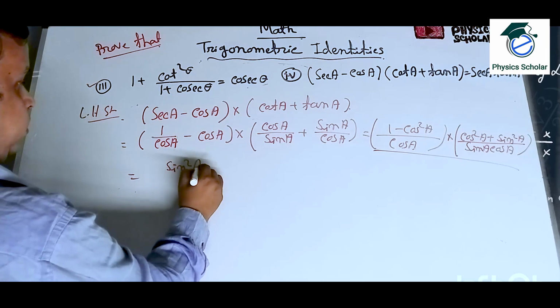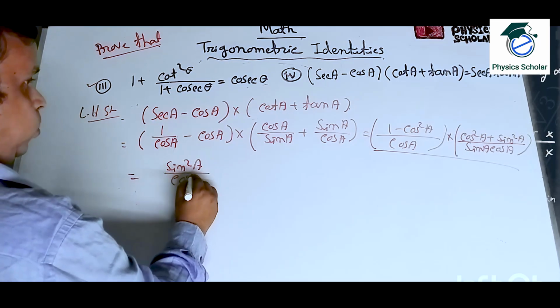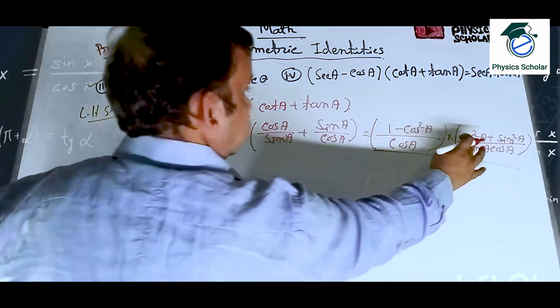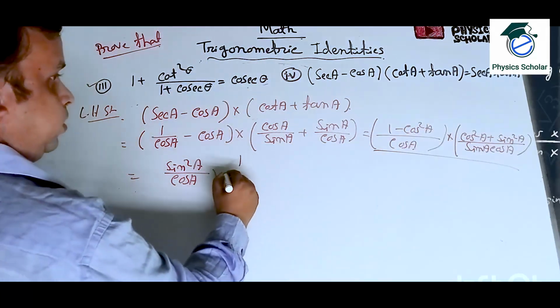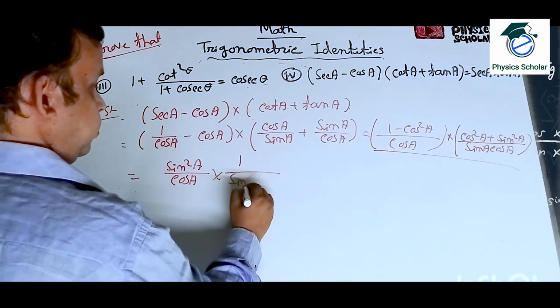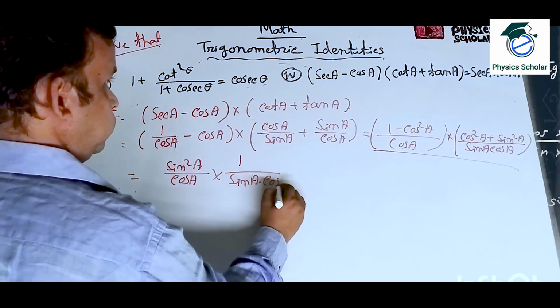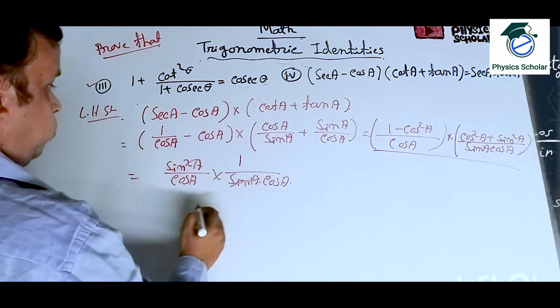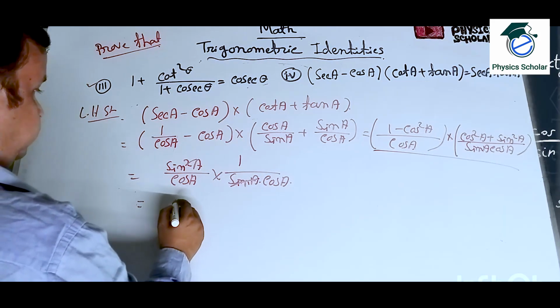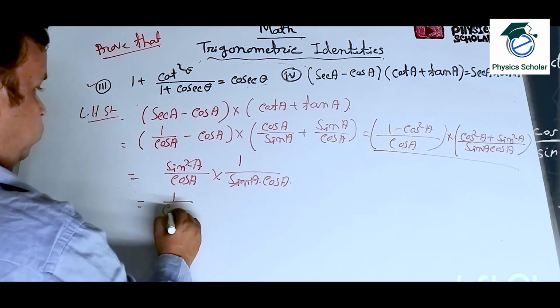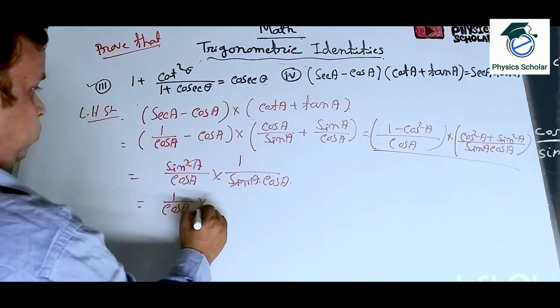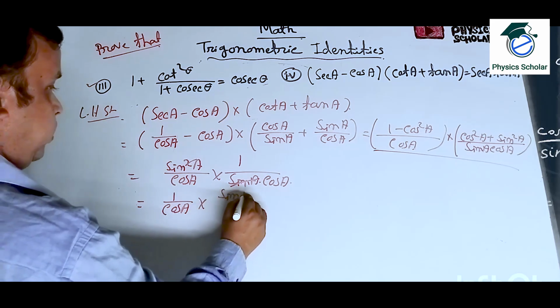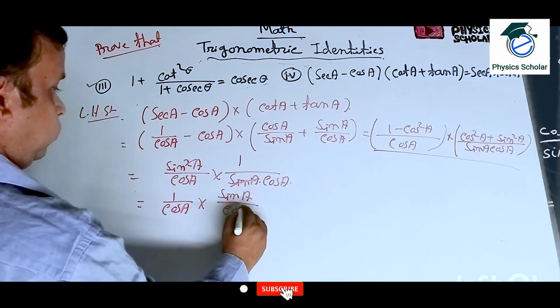Sin square A by cos A into cos square A plus sin square A means what? 1 divided by sin A into cos A, okay. So this and this sin will be cancelled, that means what? 1 by cos A into sin A by cos A.